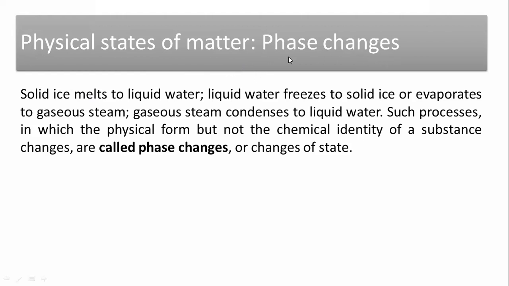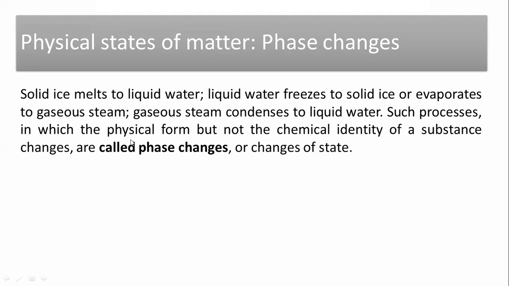And right now we are going to discuss the phase changes. That means one of the phases is going to change to the other one. So, very briefly, it is written over here: if solid ice melts into liquid water, or liquid water freezes to solid ice, or evaporates to the gaseous system, or gaseous steam condenses to liquid water.